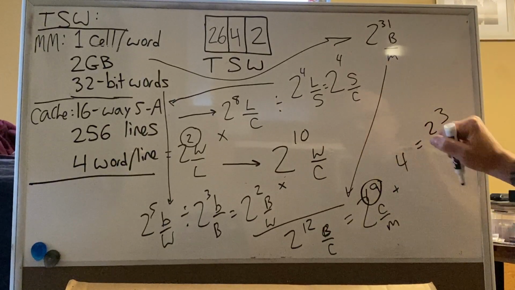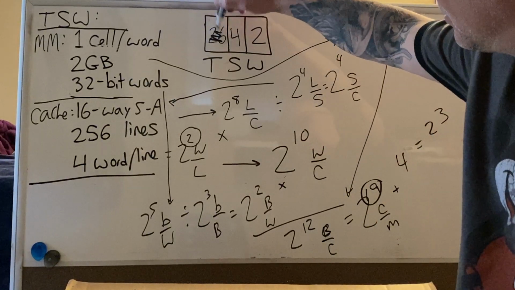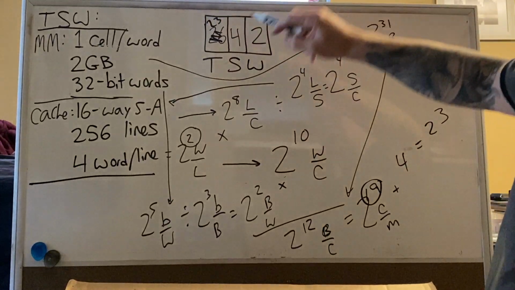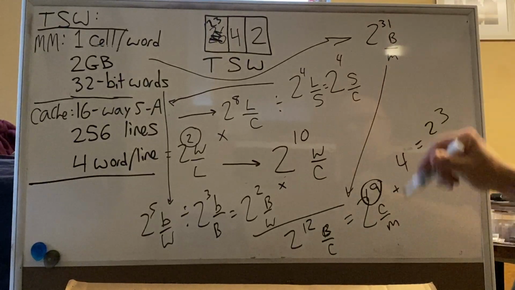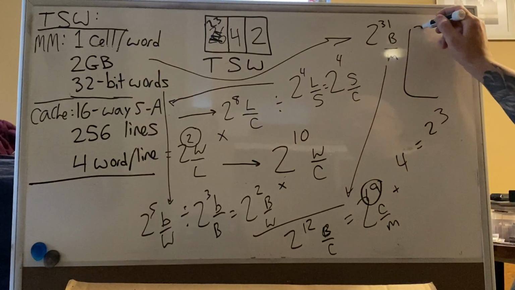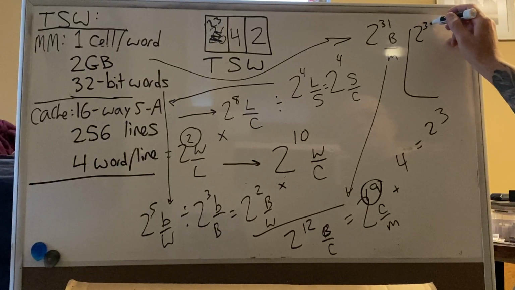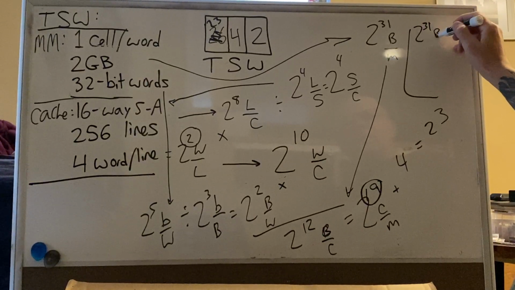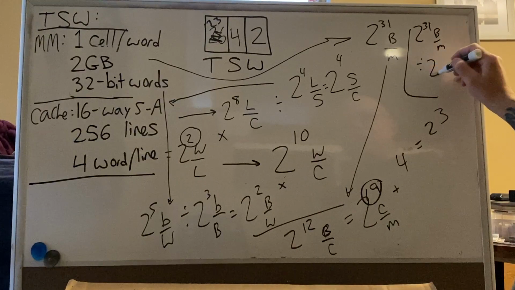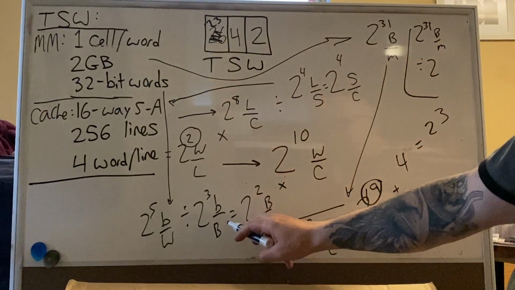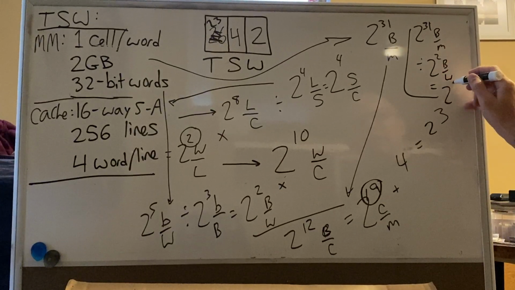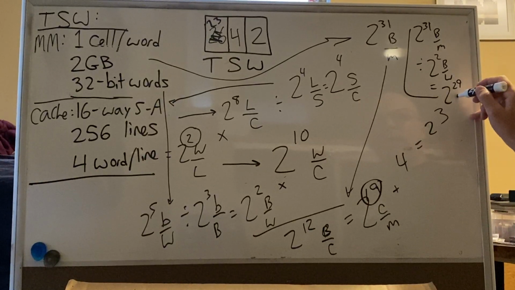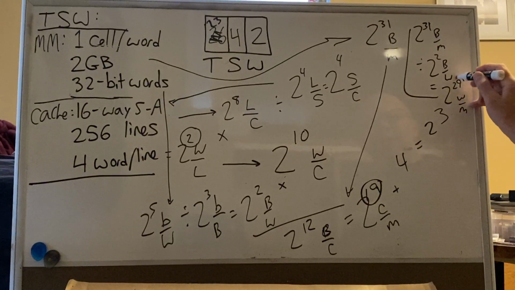Ah, I see my mistake. I'm glad I double checked. 23, 27. This should be a 29-bit address. This is good that I double checked. 2 to the 31 bytes per memory divided by 2 to the 2 bytes per word is equal to 2 to the 29 words per memory.